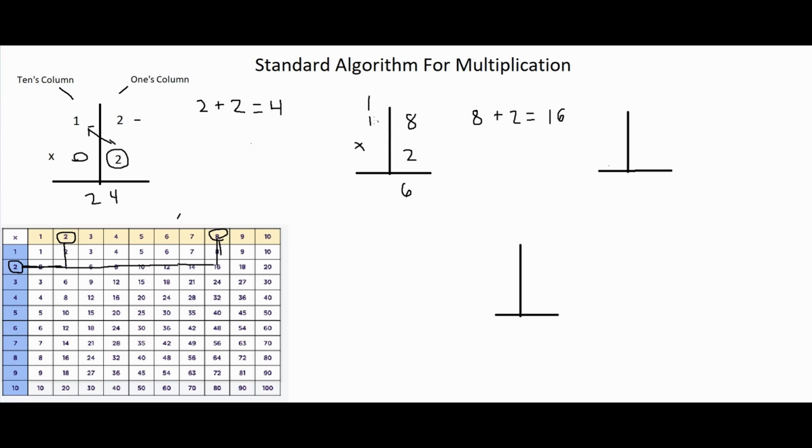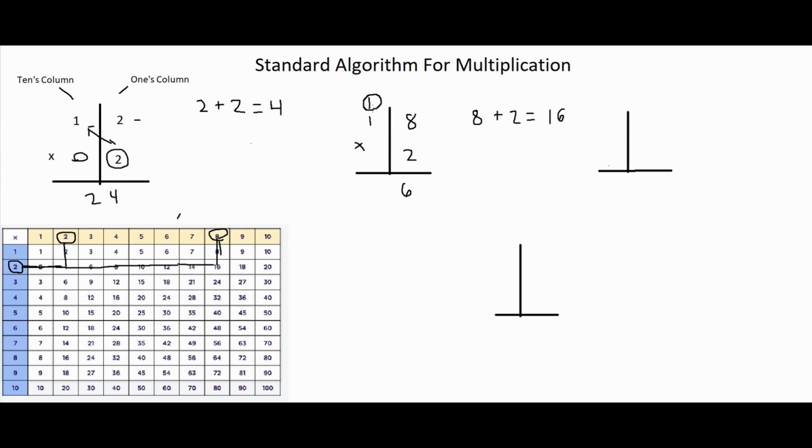And then similar to addition, we add this number. So let's go step by step. Now we multiply 2 by 1, and we get 2. But we don't write 2 right here, because this is incorrect. We add any extra numbers on top to our answer.